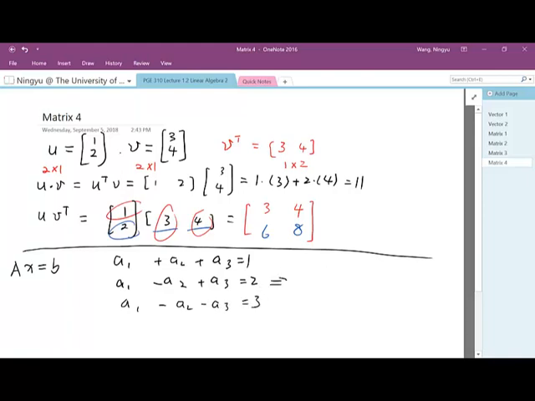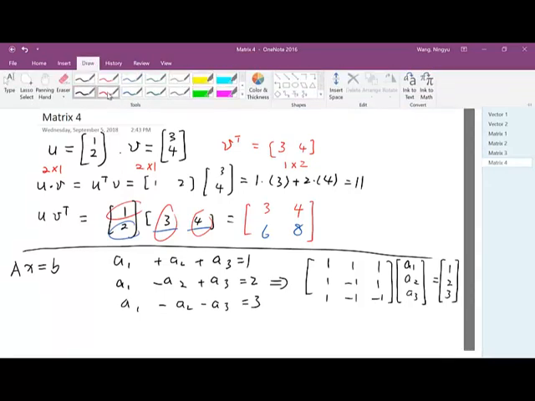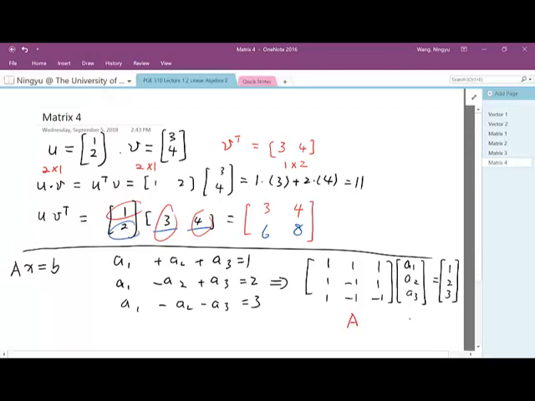If you write this into this form, this is our A matrix, or we sometimes call it the coefficient matrix.